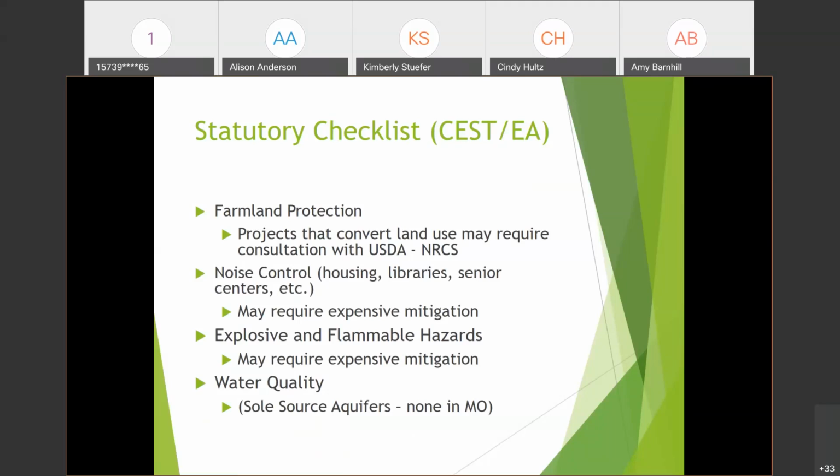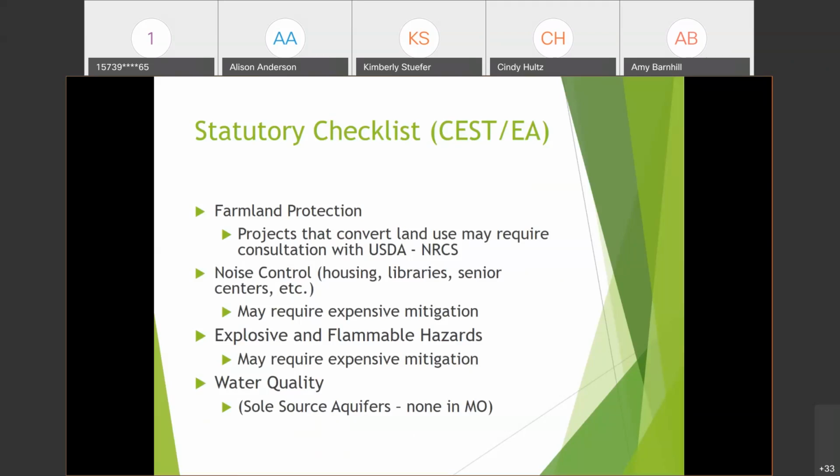And if it shows that there are either prime farmland, unique farmland, or farmland of statewide or local importance, then you would consult with the USDA NRCS, and all that documentation needs to be in your file.